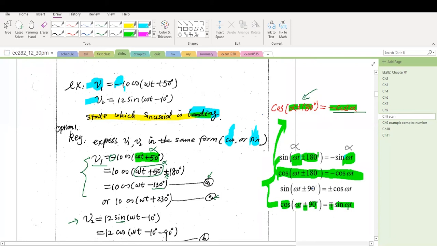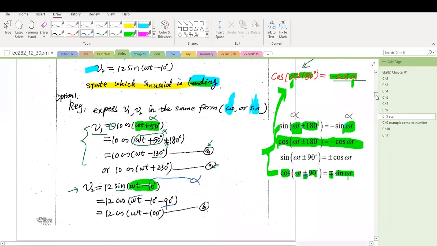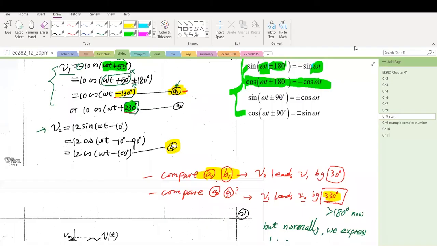Remember, omega t here is alpha, and this whole thing is alpha. Alpha minus 90 degree. So this is how we convert V2 into cosine.